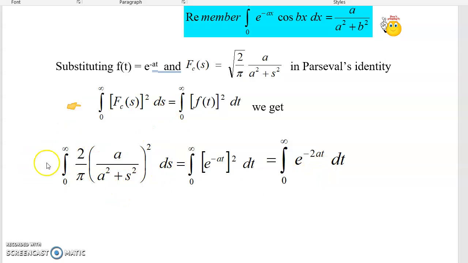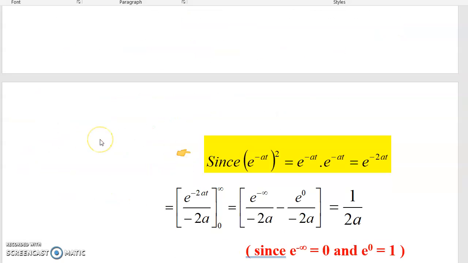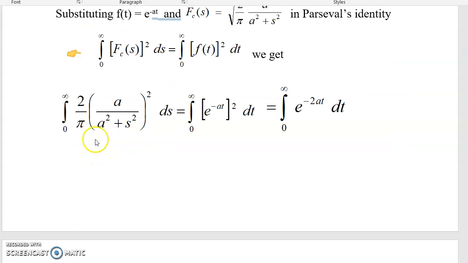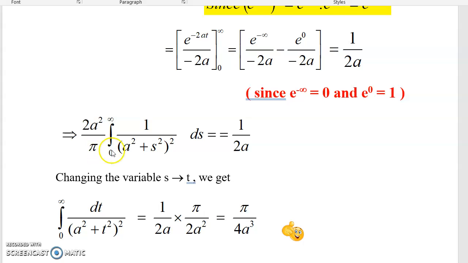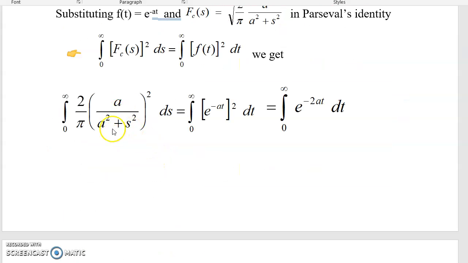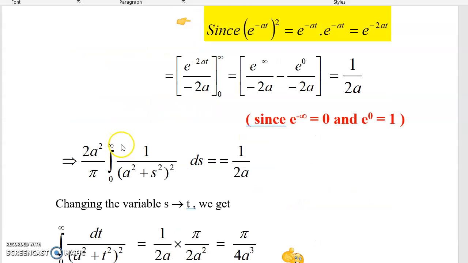Now look at the left side integral here. So here you have 2a squared by pi. This is a constant. We can take it out of the integral 0 to infinity. And here you have 1 by a square plus s square the whole square ds, which is equal to, now the right side value we have got, we shall just substitute, 1 by 2a.